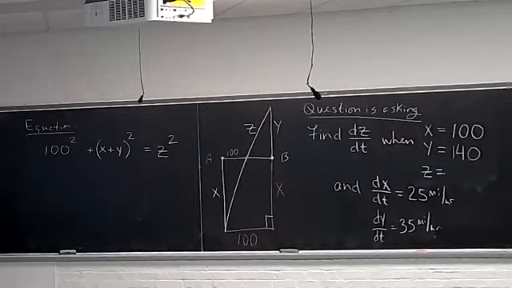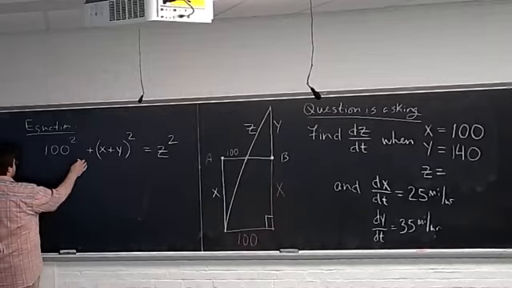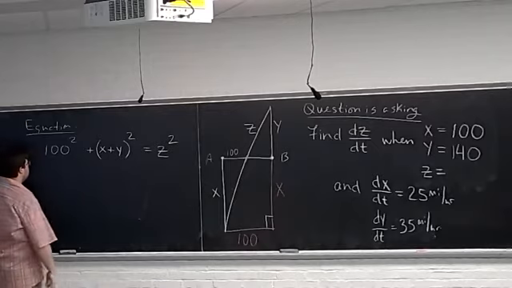Okay. Let's see, should we solve it first or find z first? Let's differentiate and then we'll find z. We'll see why writing it as 100 squared doesn't really make a difference. Okay, so let's differentiate with respect to time. Derivative of 100 squared with respect to time is 0 because it's a constant.